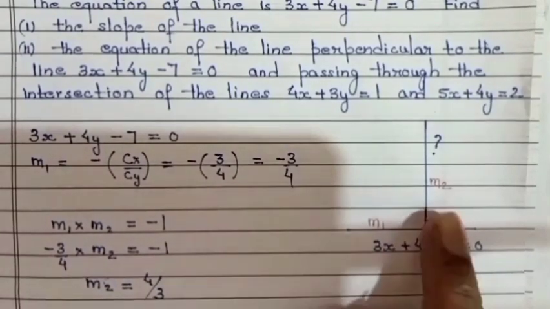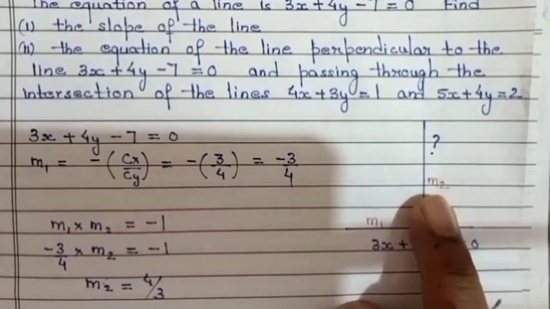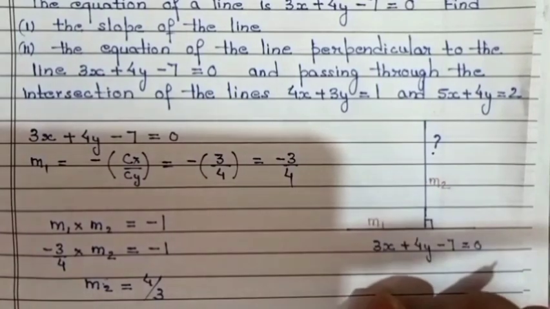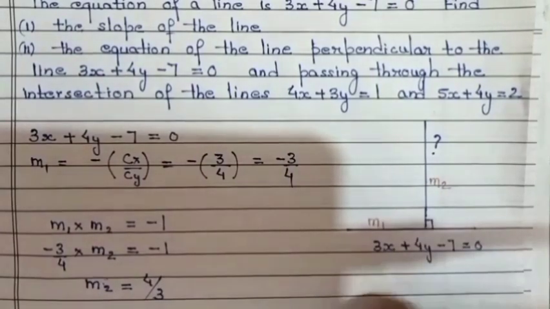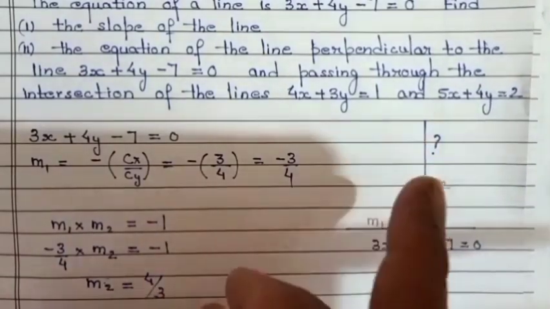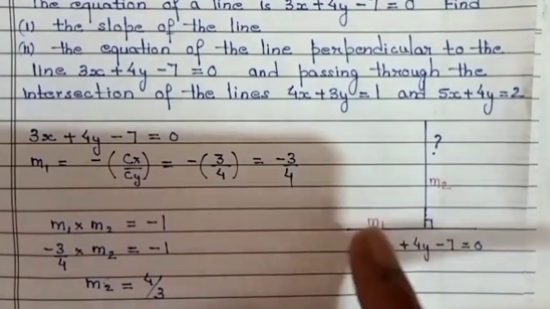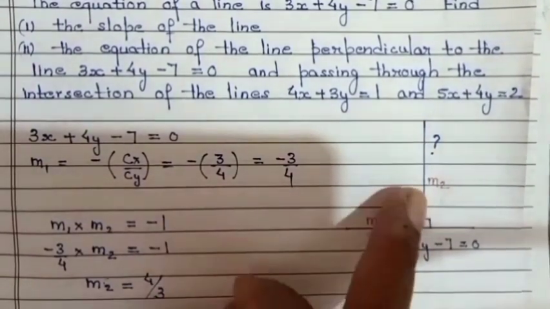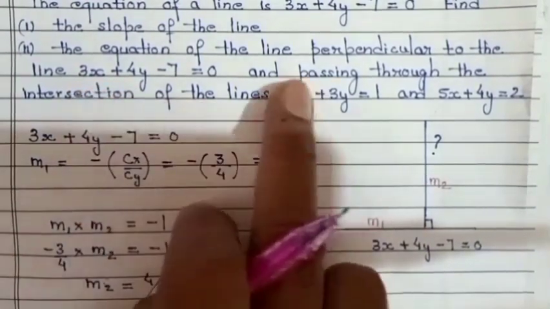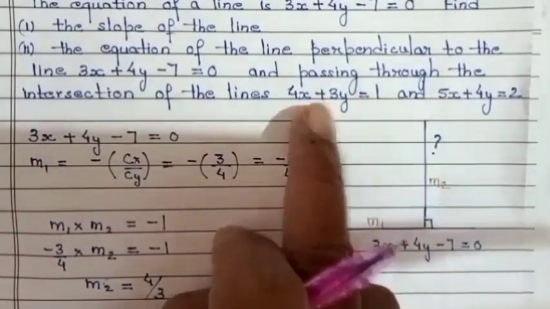Now you have got slope of this line. Now to write the equation of a line, you need slope. So slope we have got, as well as you need one point on this line. See, you have to write equation of this perpendicular line. So you must know one of the points on this line. Now see what the question says. This line whose equation is to be calculated is passing through the intersection of the two lines.